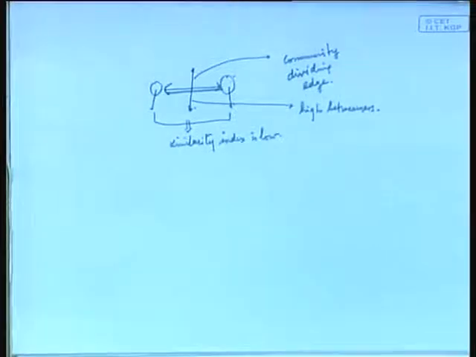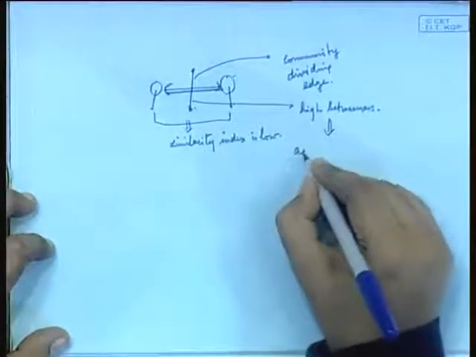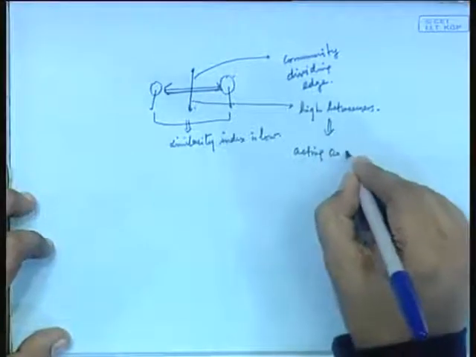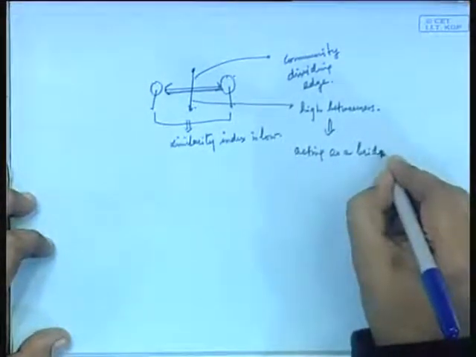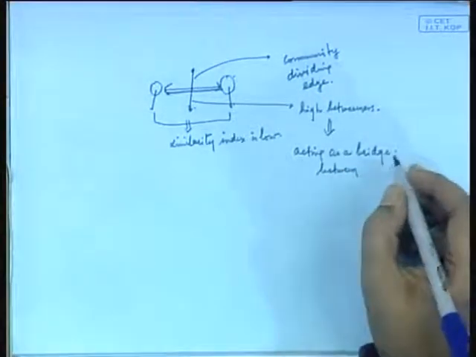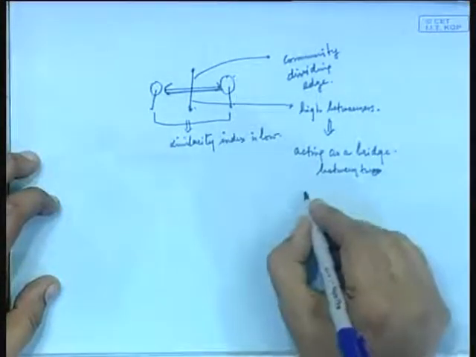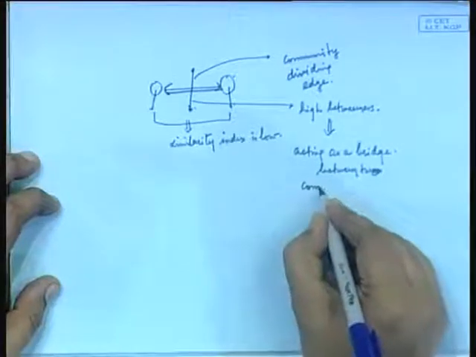If it has high betweenness, that means a lot of messages pass through it, which means it acts as a bridge between two communities.